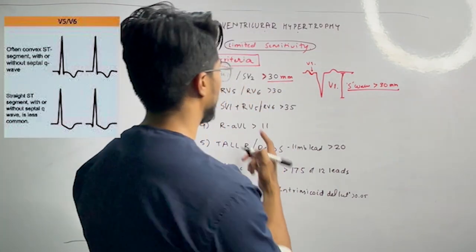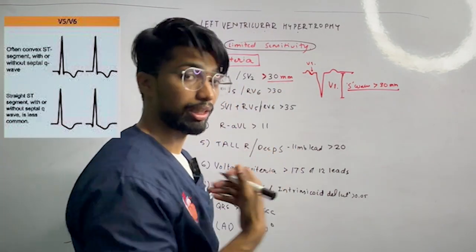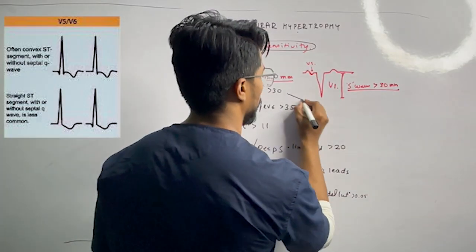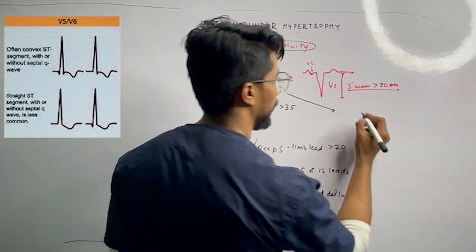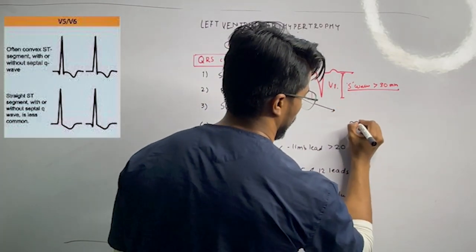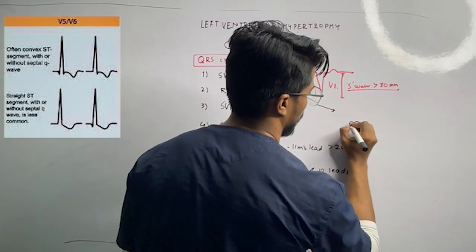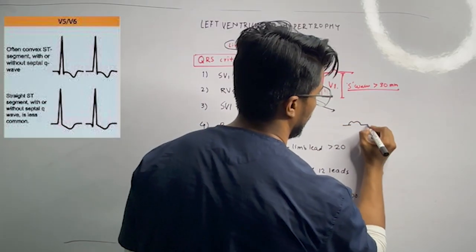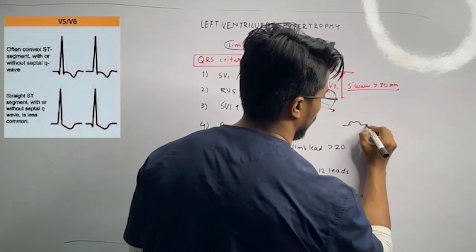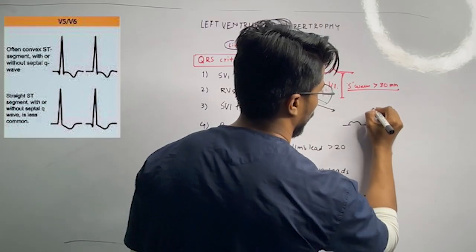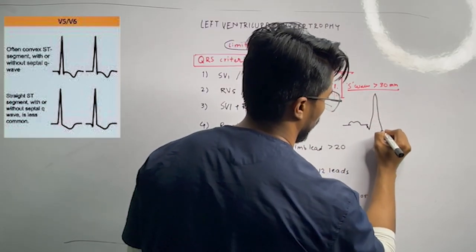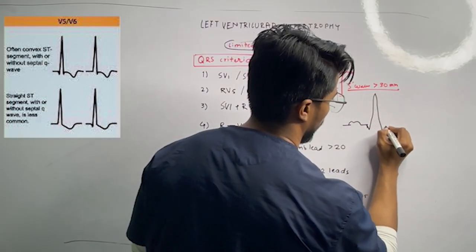Now what happens in the lateral leads, which are V5 and V6, the lateral chest leads. Let's say I'm drawing V5. Again, this is your P mitrale because of left atrial enlargement. In lead V5, you're going to have a very tall QRS.